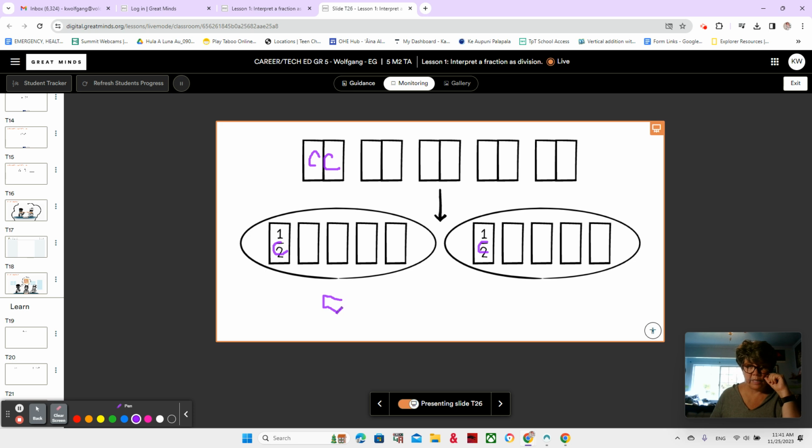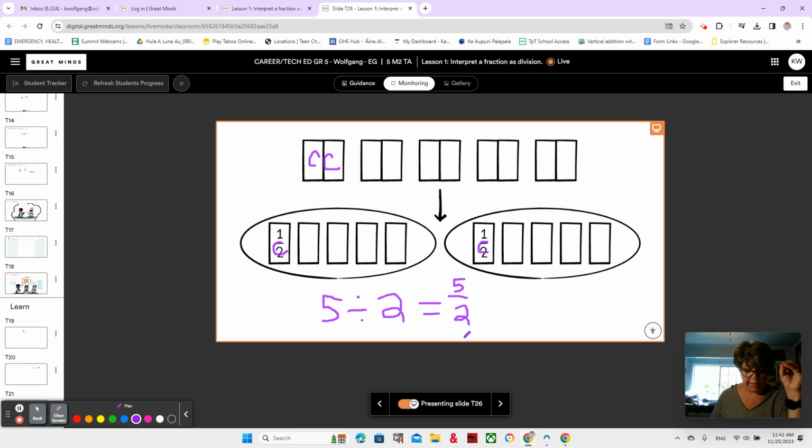We had 5 divided by 2, right? 5 granola bars divided by 2 people, and each of them got 1, 2, 3, 4, 5 halves. Okay, so we know the expression is 5 divided by 2, and that means the quotient is going to be 5 halves.